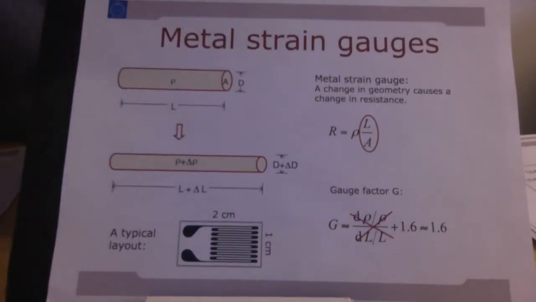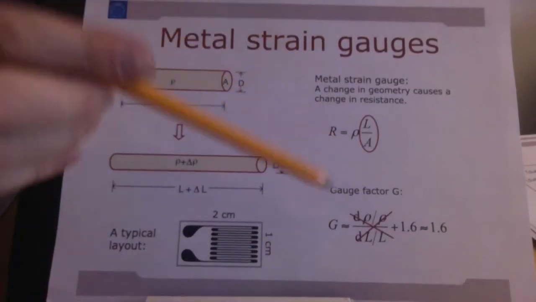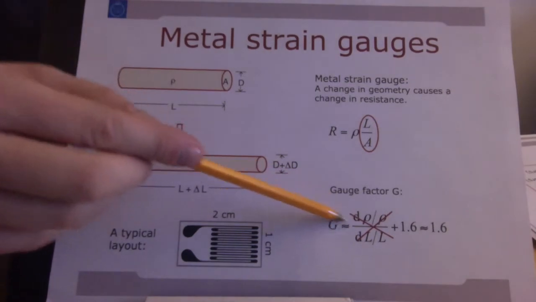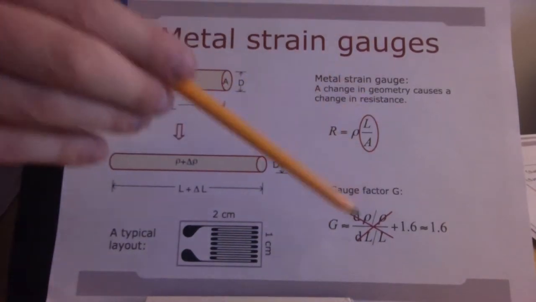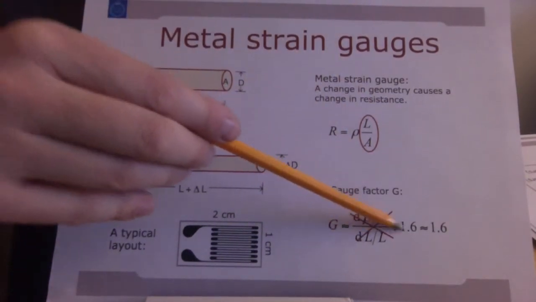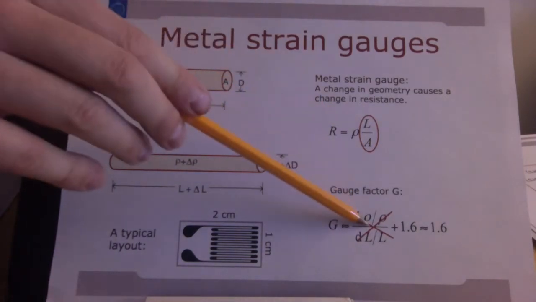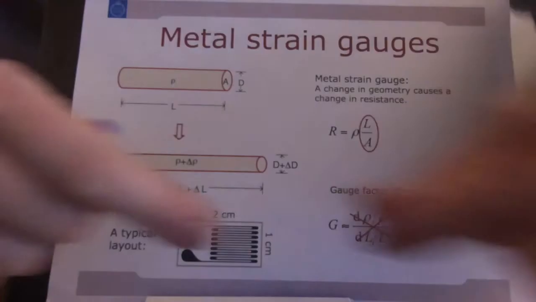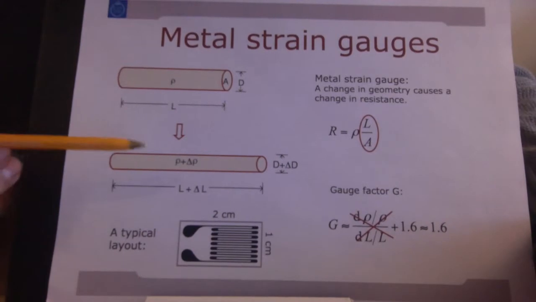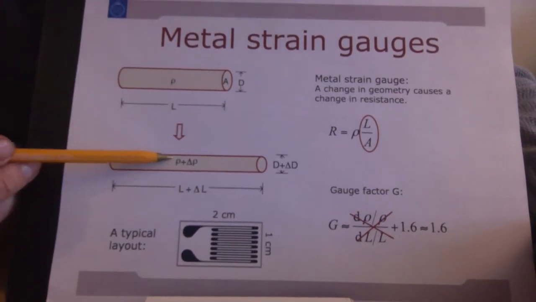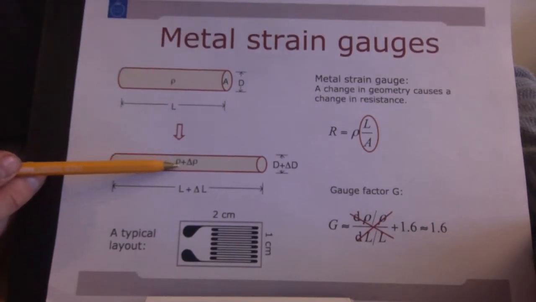Very simple principle. Now let's look again at the gauge factor that we just looked at. We have this factor, the resistivity change plus a constant. But if we expand a metal, the resistivity of the metal itself does not change. That's a material parameter.